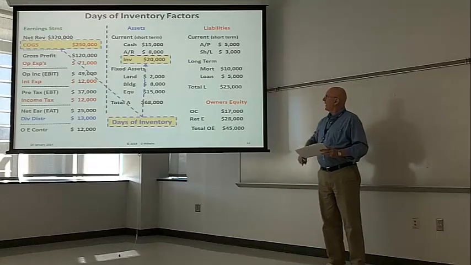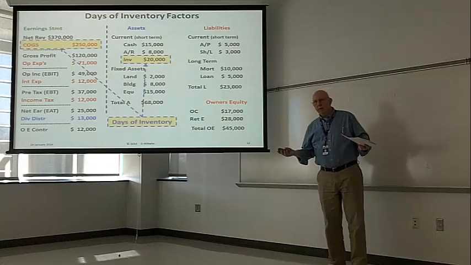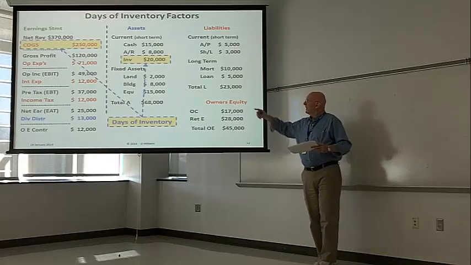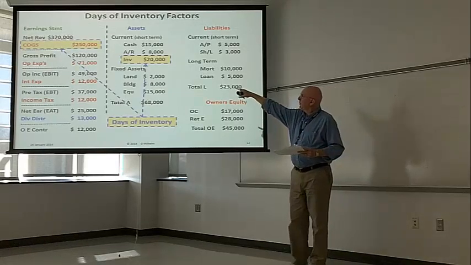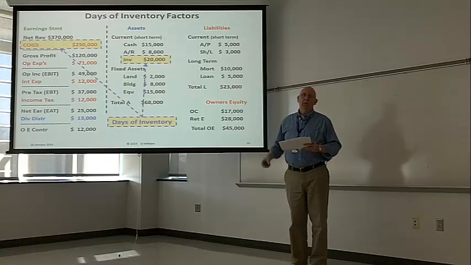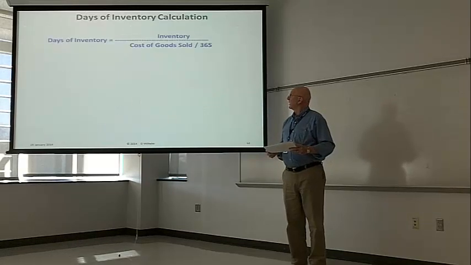Inventory is $20,000, so we've got $20,000 of inventory. How much are we using each day? And that will be the cost of goods sold, only converted from an annual amount to a daily amount.